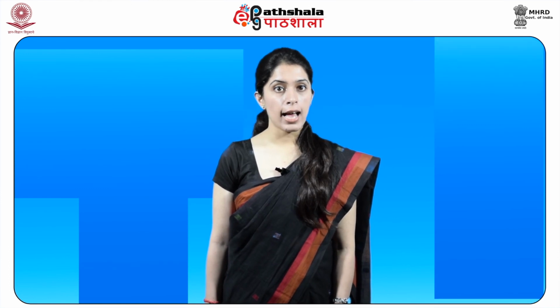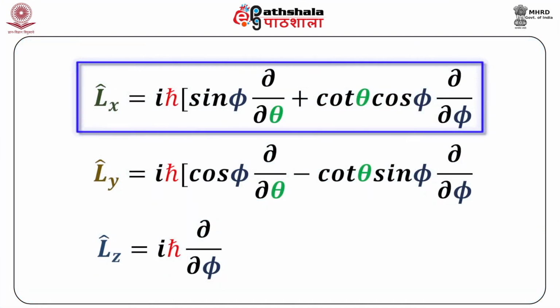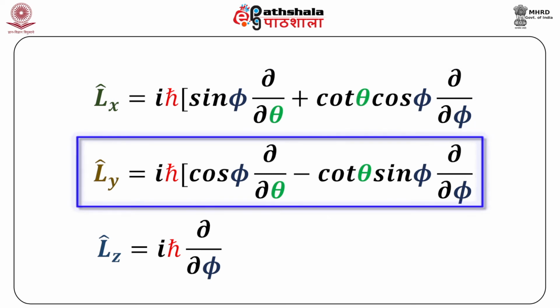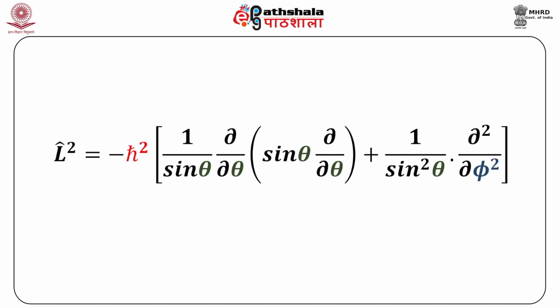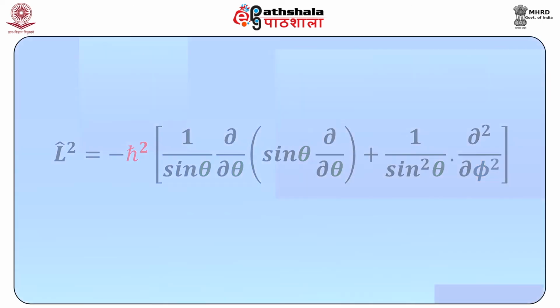So the angular momentum operators in spherical coordinates are obtained as Lx equals i h cross (sin phi del/del theta + cot theta cos phi del/del phi), Ly equals i h cross (cos phi del/del theta - cot theta sin phi del/del phi), Lz equals -i h cross del/del phi, and L square is obtained as -h cross square [1/sin theta del/del theta (sin theta del/del theta) + 1/sin^2 theta del^2/del phi^2].